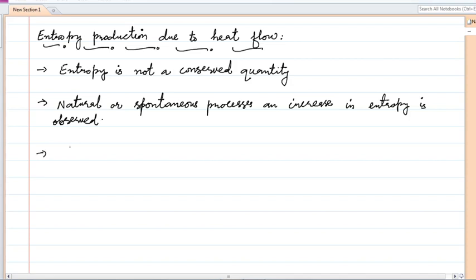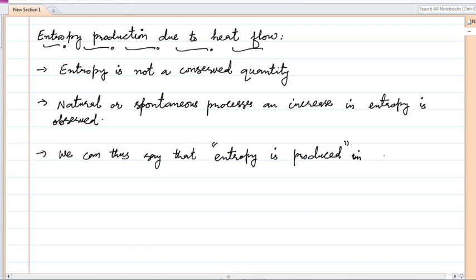So we can simply say that entropy is basically produced. Entropy is produced in, suppose, in natural or these spontaneous processes.